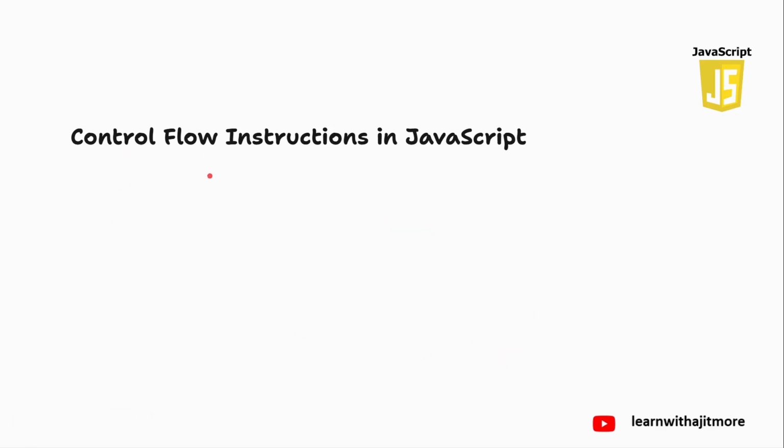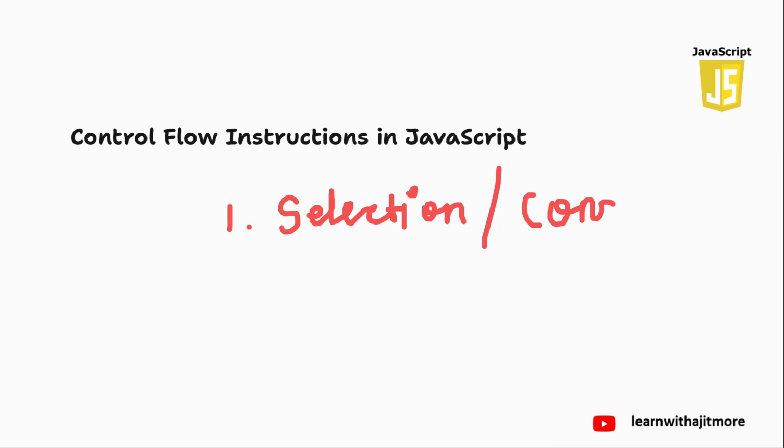Getting? Now, what all things come under control flow? There are three types of instructions. One is selection. Selection statements are also called conditional statements, conditional instructions. In this, it runs any one code block from multiple code blocks selectively based on the condition.